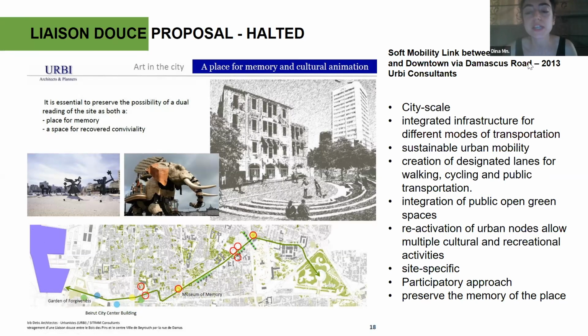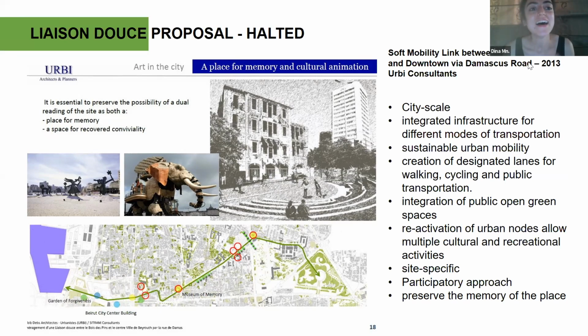It allowed for a sustainable vision through the creation of designated lanes for walking, cycling, public transportation, integration of public open green spaces, the reactivation of urban nodes, and the focus on the heritage assets of the city that were incorporated in this proposal. However, as with most projects in Beirut, it was halted due to political pressure, and it was put in the drawer.